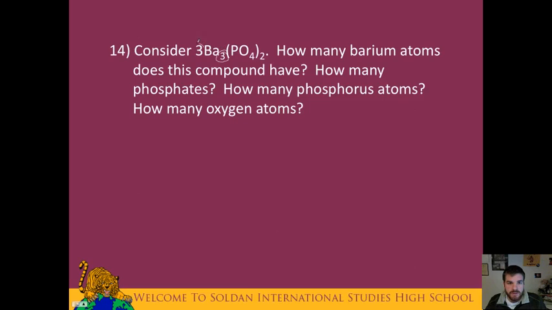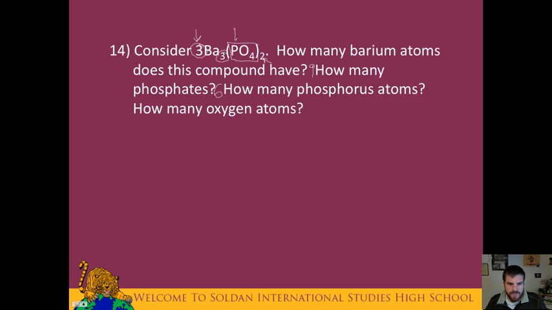But this whole molecule, there are 3 of those, so there's a total of 9 barium atoms. How many phosphates? Well, this is phosphate, and there are 2 of them in each molecule. But then there are 3 total molecules, so that comes to a total of 6. How many phosphorus atoms?